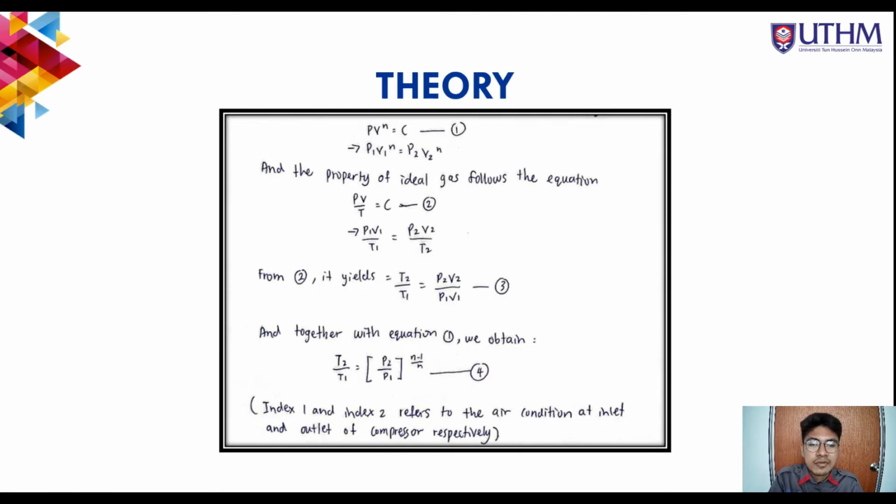And from equation 2, it yields T2/T1 = P2V2/P1V1. And substituting this together with equation 1, we obtain T2/T1 = (P2/P1)^((n-1)/n), which forms equation 4. Index 1 and index 2 refer to the air condition at the inlet and outlet of the compressor respectively.